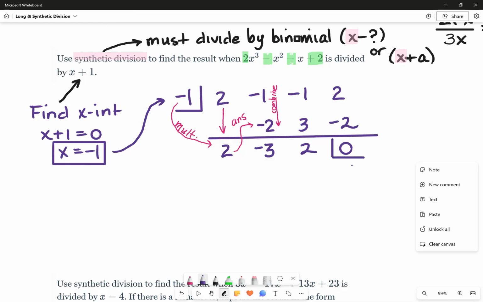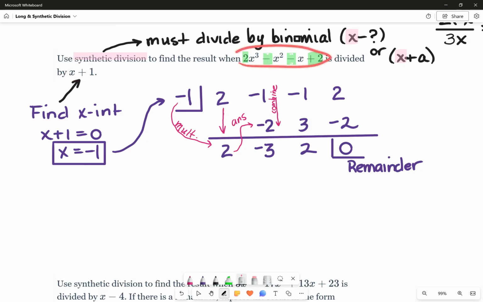Okay, this here is the remainder. So x plus 1 is indeed a factor of this. This here is an x-intercept or a factor of this polynomial because the remainder was 0.